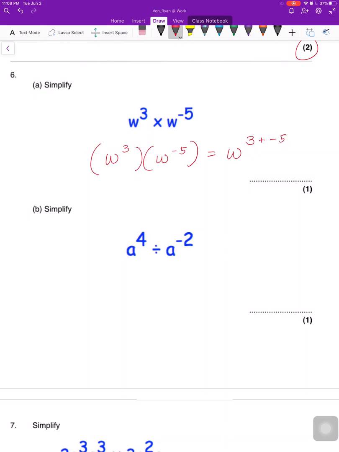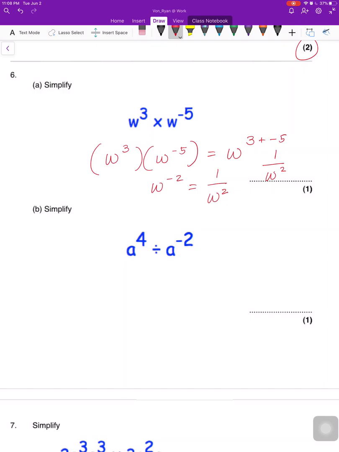Just use your rules for adding and subtracting integers. So 3 plus negative 5 is negative 2. So w raised to negative 2, but then you don't want a negative index, so you know that that's equal to 1 over w squared, following the negative power rule. So the final answer is 1 over w squared.